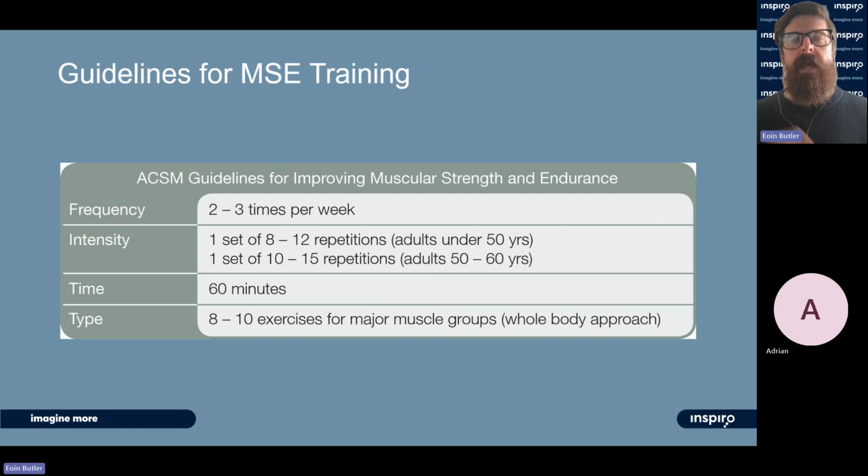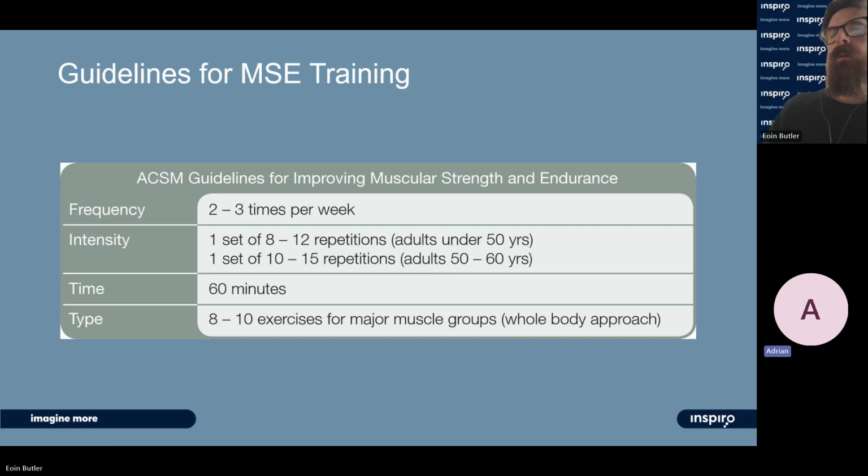So we'd split it up, allowing one body part to recover while we're training a different one. As people become more experienced, then we can start to increase the times per week, so the frequency. Again, doing split sessions, we can start to increase the set numbers. We can be really specific on our repetition numbers, and then get more specific on the muscle groups that we're going to work. Okay with that?